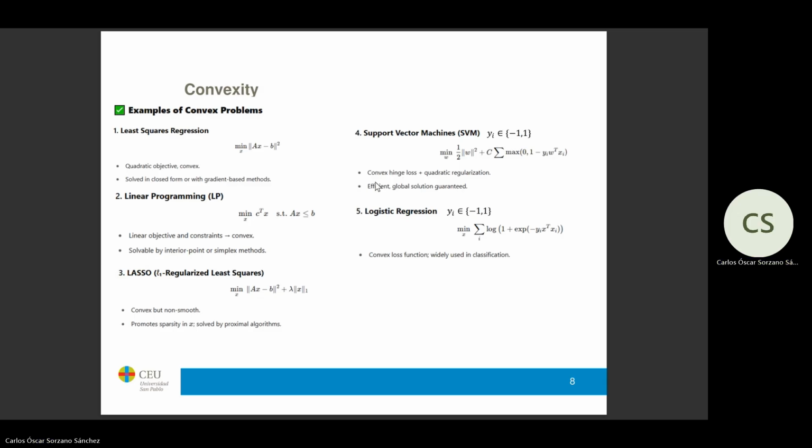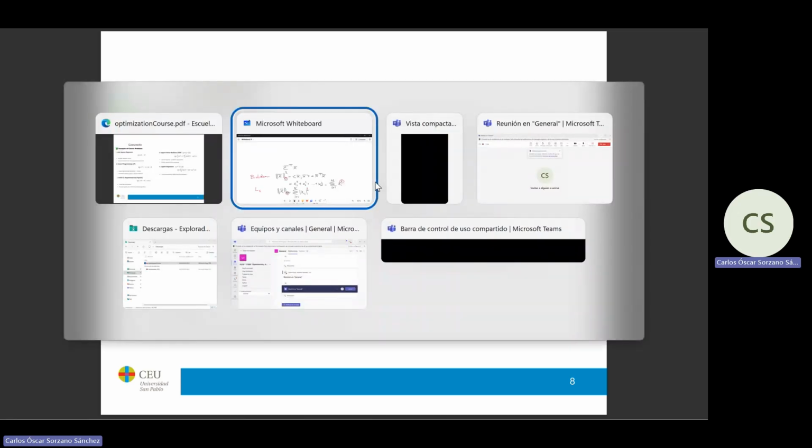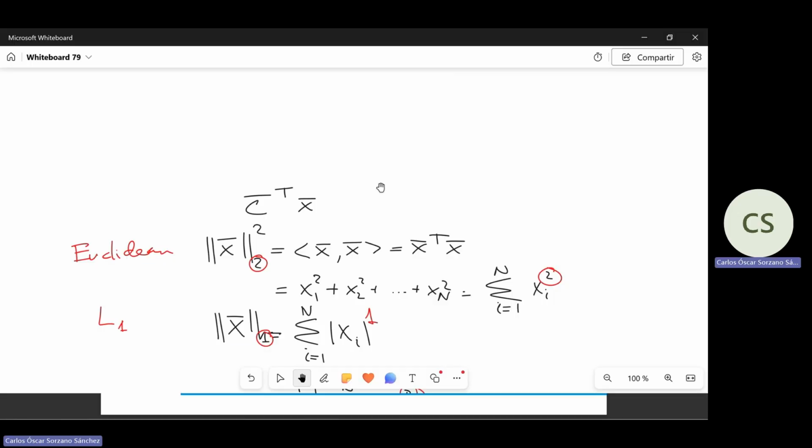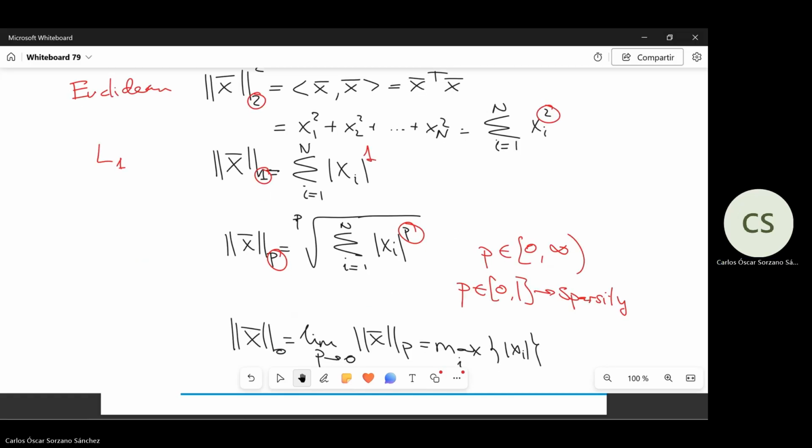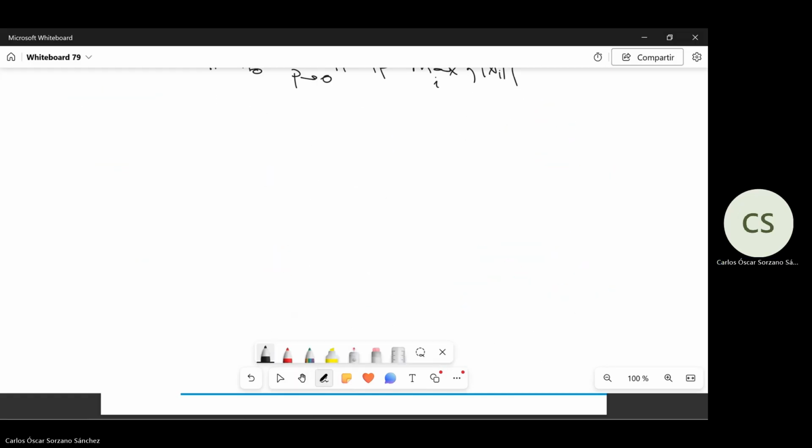And there is logistic regression. Do you know logistic regression? Let's put it this way, with only one variable. Let's say that you are given a set of x and y's.